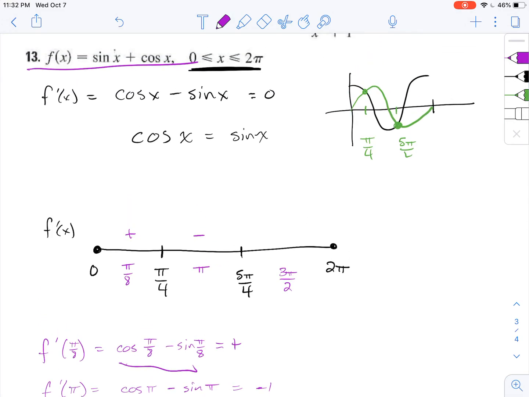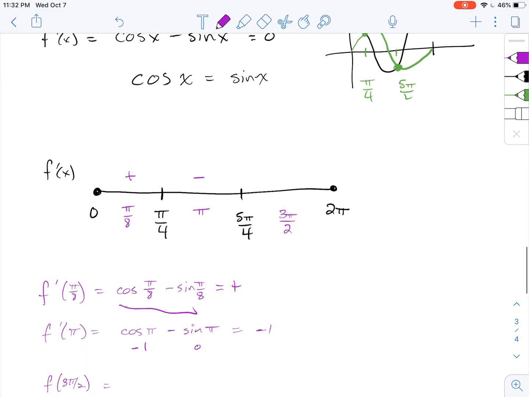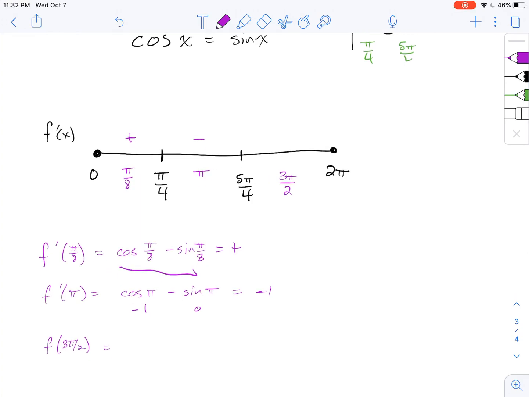Sine of 3 pi over 2 is -1. Cosine of 3 pi over 2 is 0. So this is +1, so this is plus. So we're increasing here, decreasing here, increasing there.